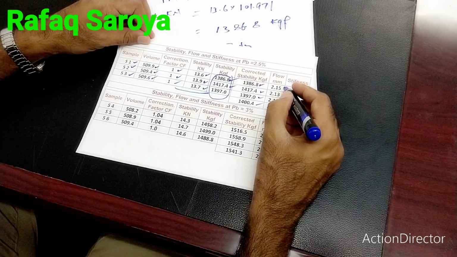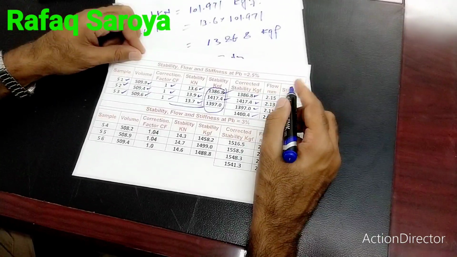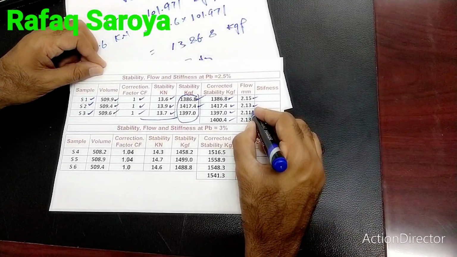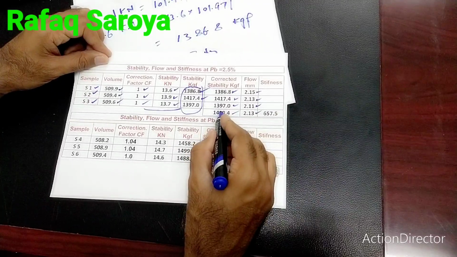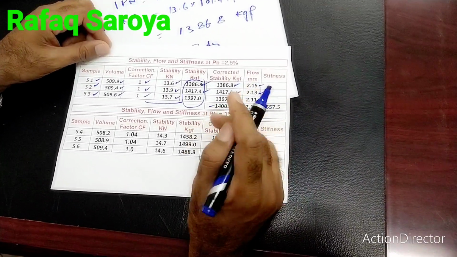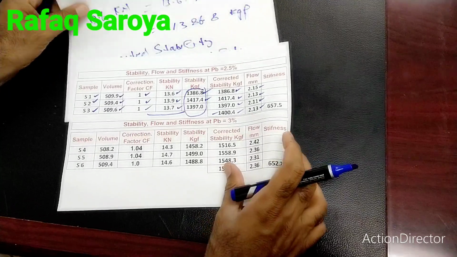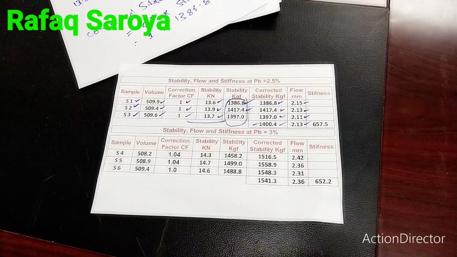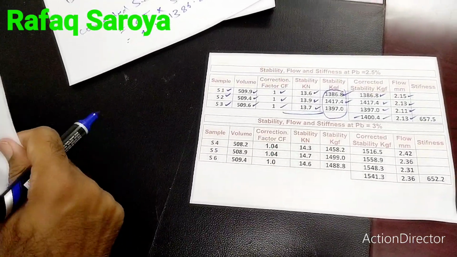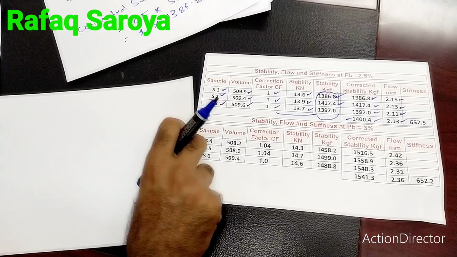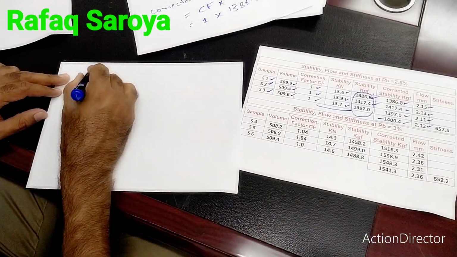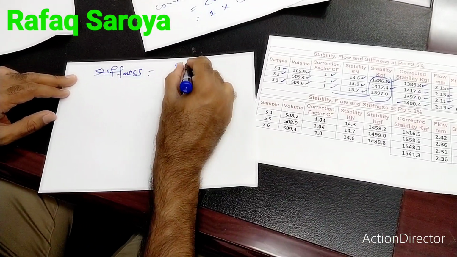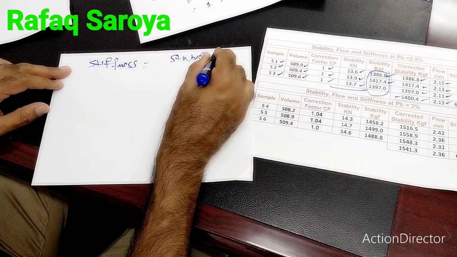And this is the deformation produced, which is my flow value. This is 2.15, 2.13, 2.11, and the average value is given over here. And here the average value of the stability is also given. Now we have to calculate the stiffness. Stiffness, as I already explained, is the ratio of stability by flow value.